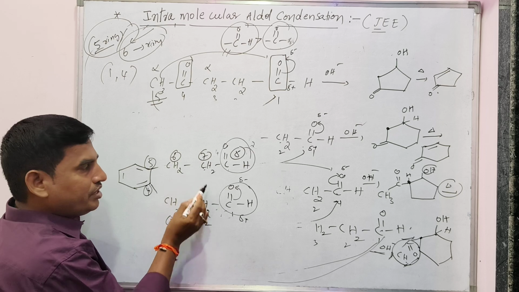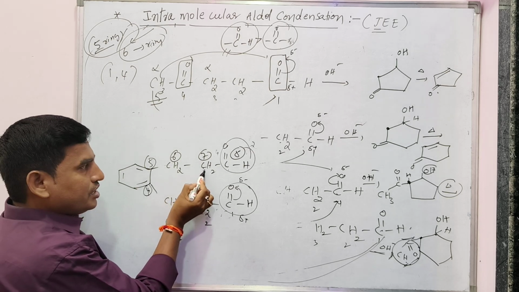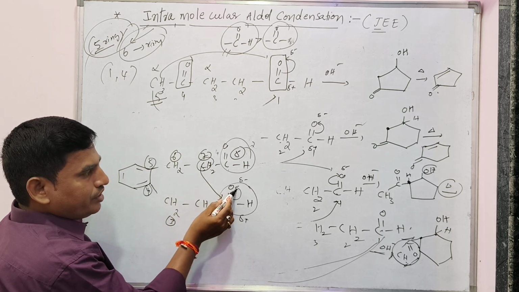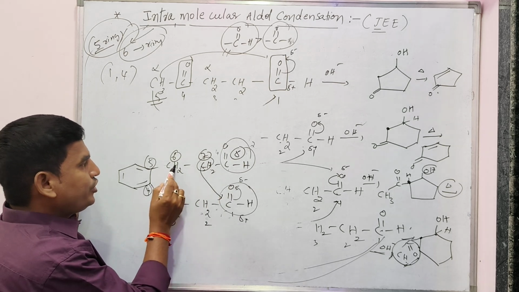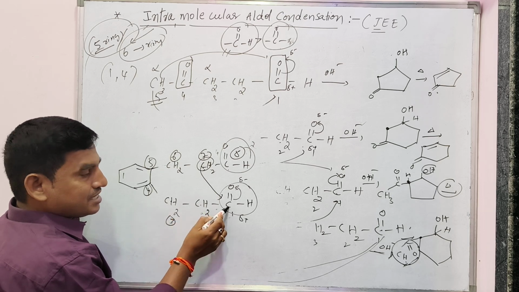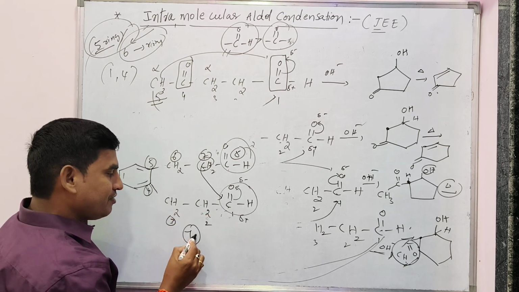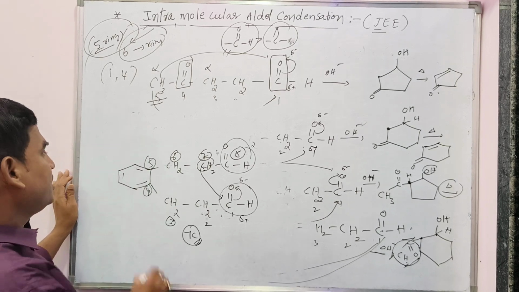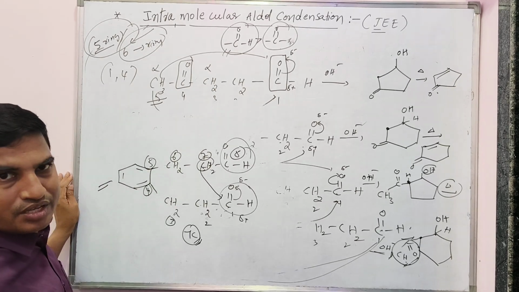This carbanion joins here, and this hydrogen joins here. So which ring is formed? 1, 2, 3, 4, 5, 6, 7. So here a 7-membered ring is possible. Only this type of case.